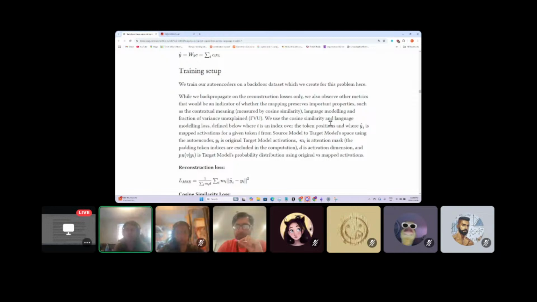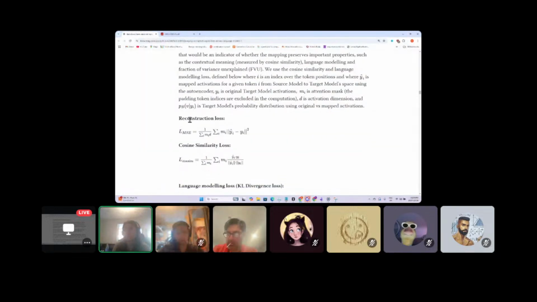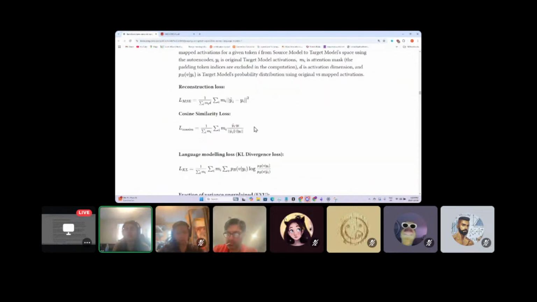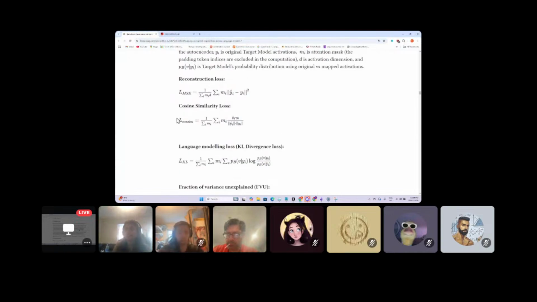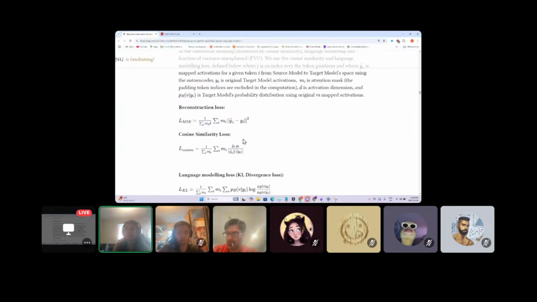It definitely learned something, but we wanted to see exactly what it's learning and whether that's meaningful, in terms of metrics that tell us whether the autoencoder mapping is actually successful during training and also the post-training validation that we do afterwards. So while we were backpropagating on the reconstruction loss, we added a few metrics to measure important stuff.